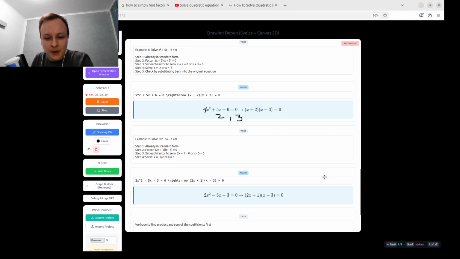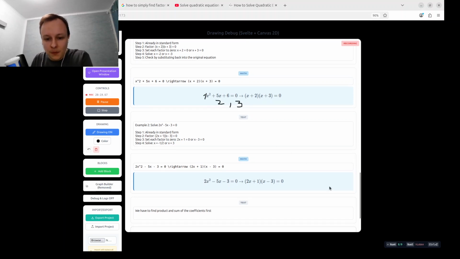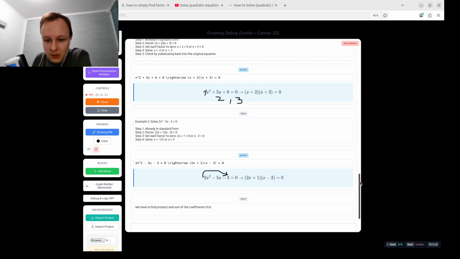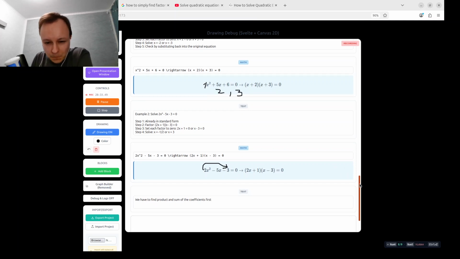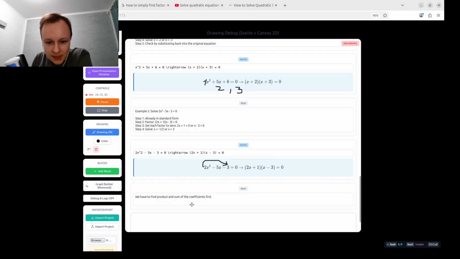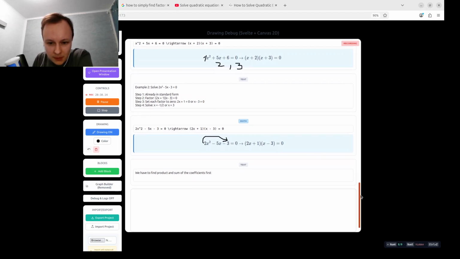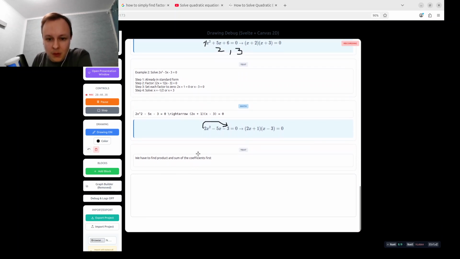But if our quadratic term has a coefficient that is different from 1, then first of all we have to multiply our first quadratic term coefficient by our third coefficient, and in this case we will get our product.